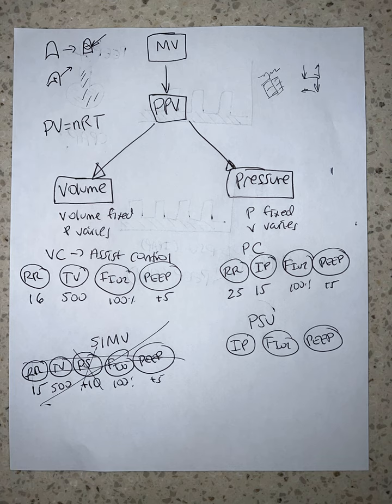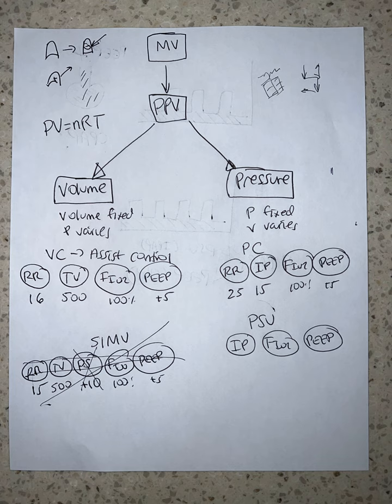Now, there are two ways to do positive pressure ventilation: volume ventilation and pressure ventilation. It's the same thing; it just depends on what's fixed. Remember in physics, PV equals nRT.